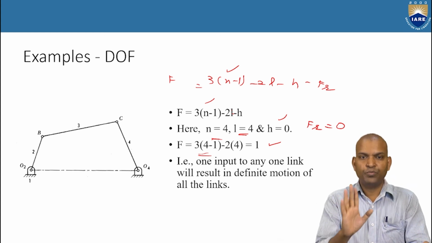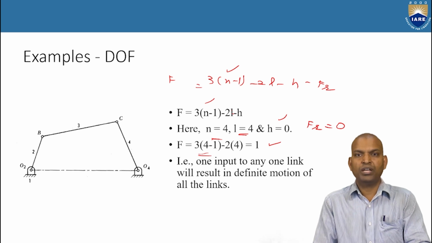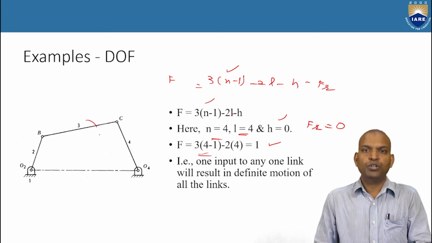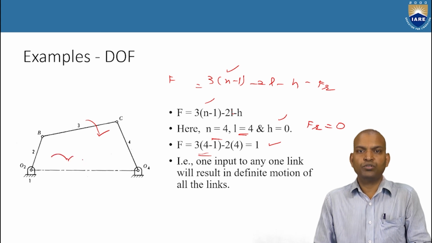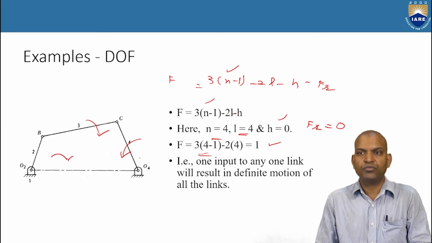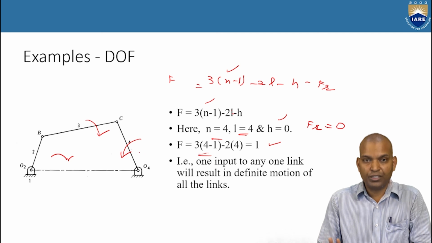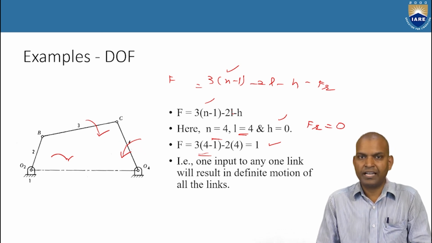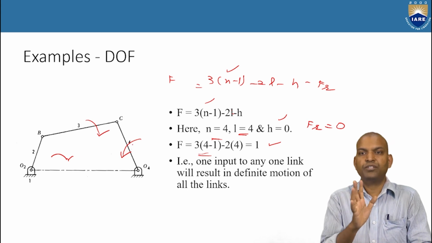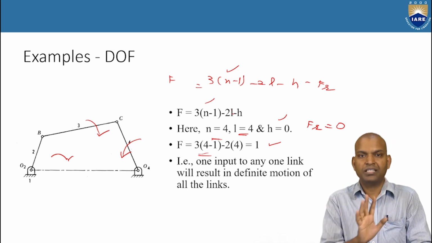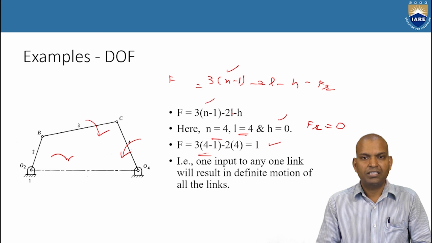If you give the input to link 2, link 3, or link 4, it gives definite motion. In any direction, either clockwise or anticlockwise, it gives a definite motion to all other links. That's why it is called a single degree of freedom.